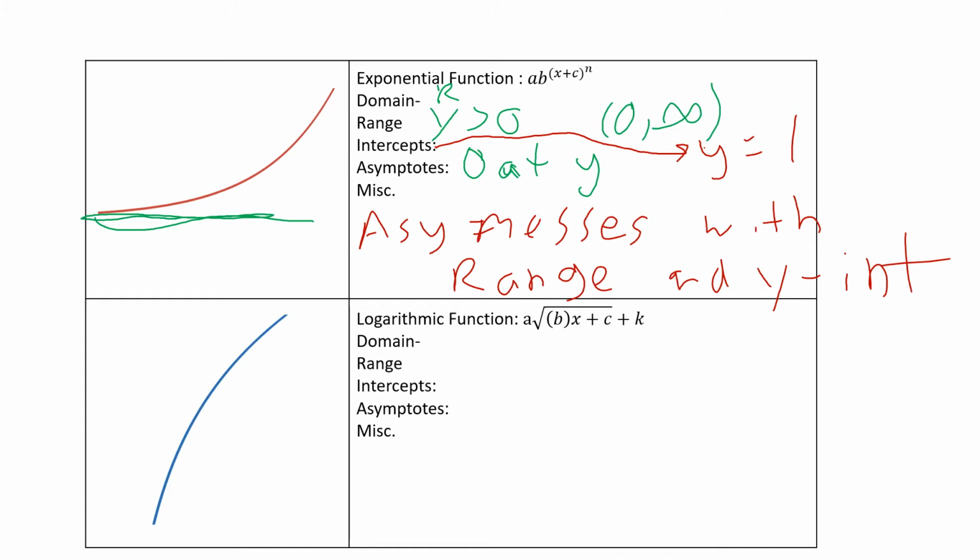Now, guess what we're going to do with logarithmic? Take all this stuff we did with the exponential and put it in opposite places. So the domain of this logarithm is x greater than 0, 0 to infinity.